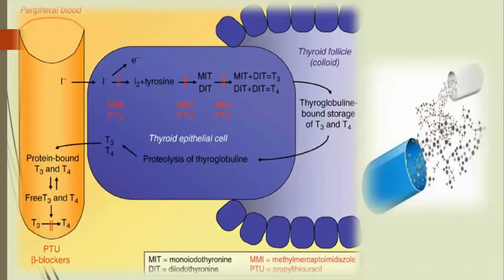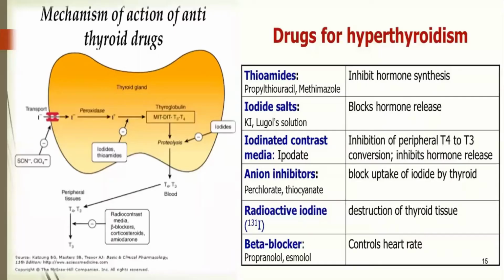So this is the mechanism of action of the drugs we call anti-thyroid drugs. In short illustration, we have here the mechanism of action of anti-thyroid drugs. These drugs bind to the thyroid enzyme called thyroid peroxidase and prevent oxidation of iodide or iodotyrosyl residues.